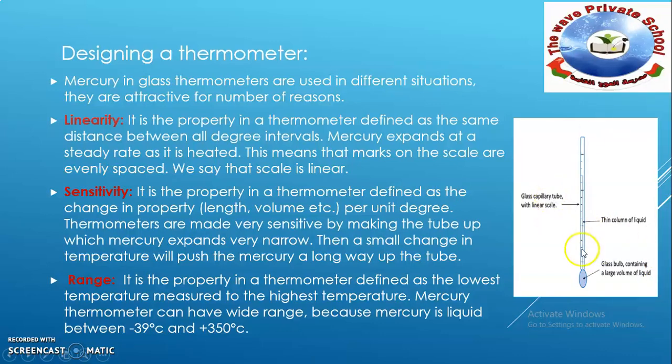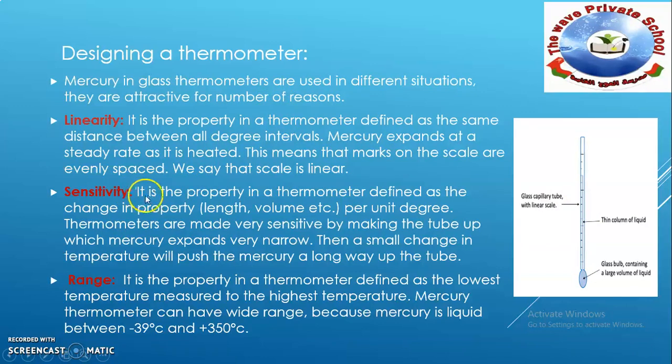It means that the marks are evenly spaced, at equal distance from each other. So we can say that scale is linear because the marks on the scale are evenly distributed at equal distance. So due to this, the thermometer is attractive.